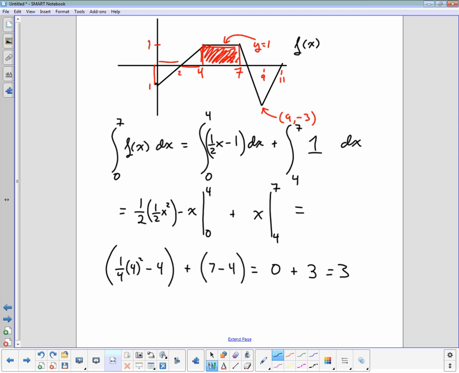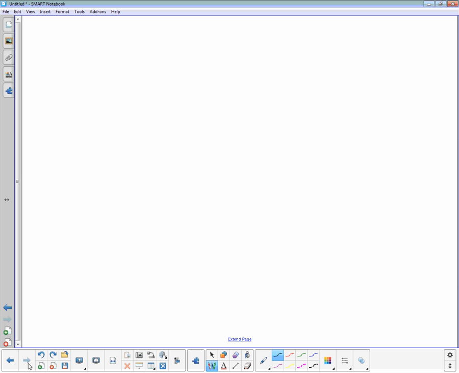So that brings up an important point. How would we integrate an absolute value? So if I gave you this, and I was interested in looking at, say, from negative 10 to 10.